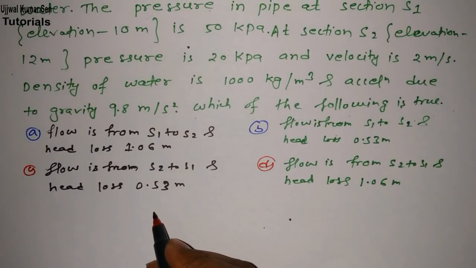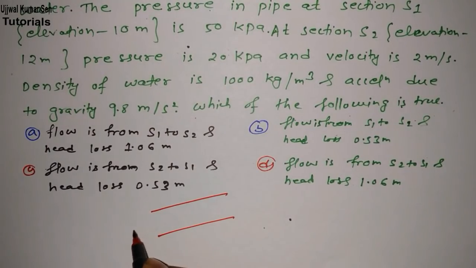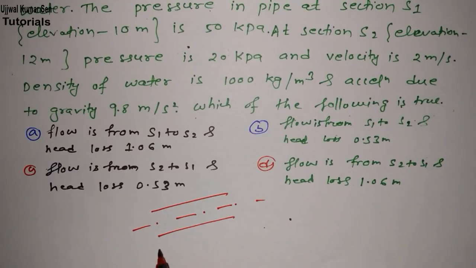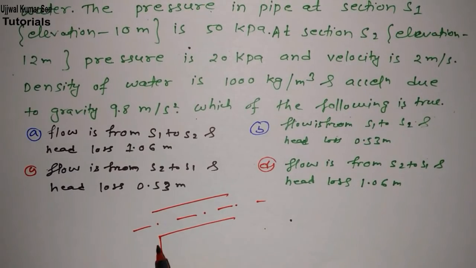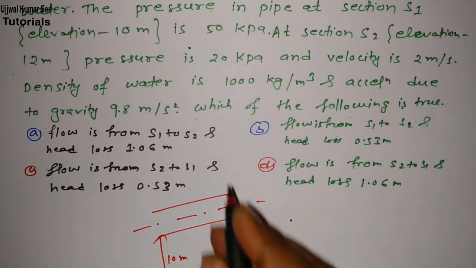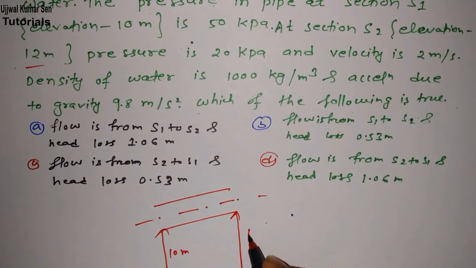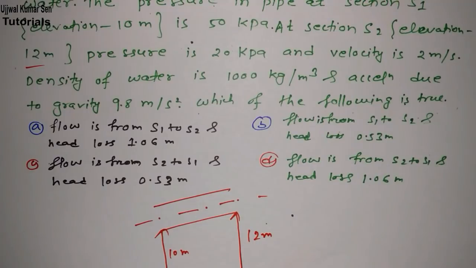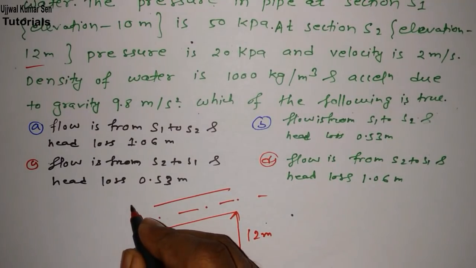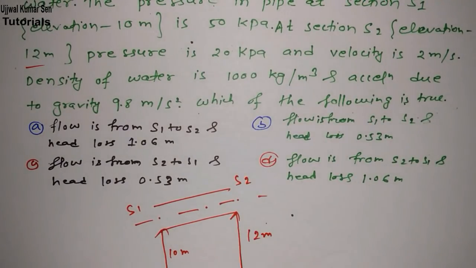So the diagram is like this. Suppose this is the first elevation, which is 10 meter, and the next elevation is 12 meter. Suppose this is S1 and this is S2, according to the question.